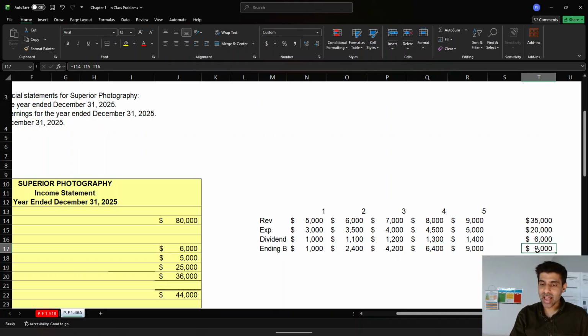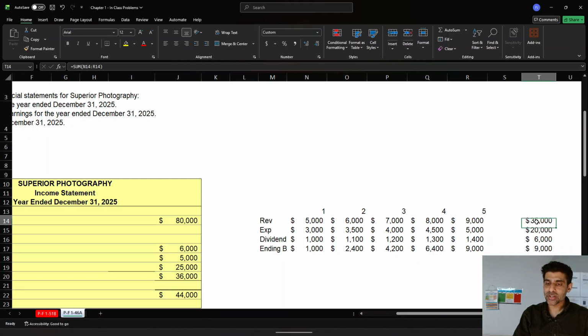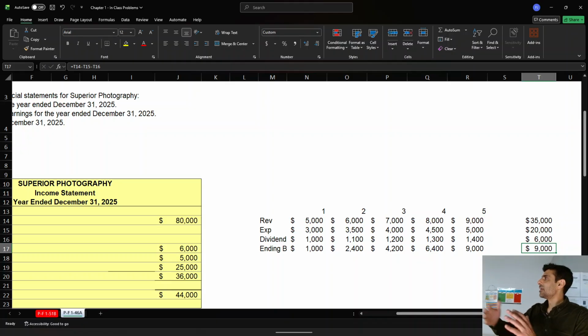You'll get to this exact same ending retained earnings balance, but we don't present financial statements for years 1 through 5. We only care about year 4, where we take the ending balance of year 3 and update it. And then in year 5, we take this ending balance and update that. We just keep updating it, and it's the same number as if we had one big calculation from the beginning of the company until the present moment.